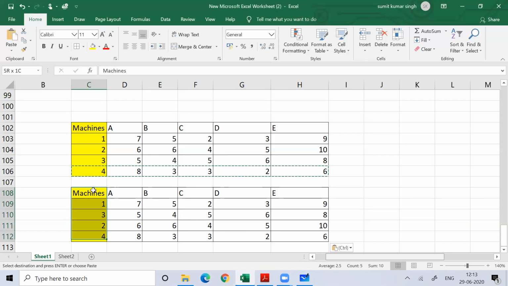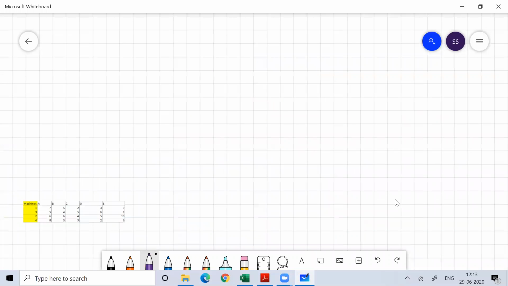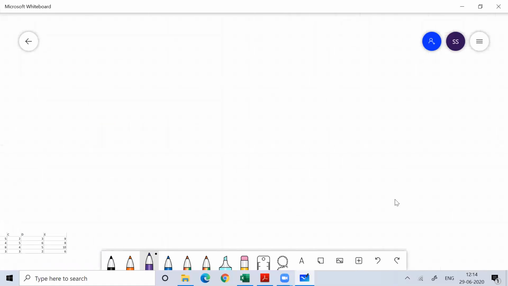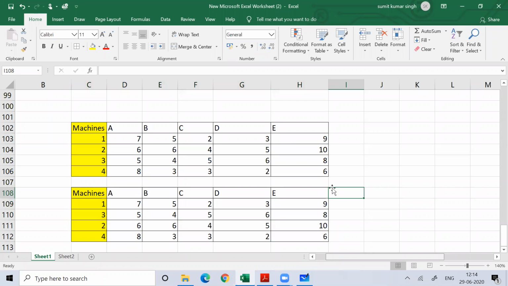Now let me copy this. Okay, I put them in sequence. So I converted this.